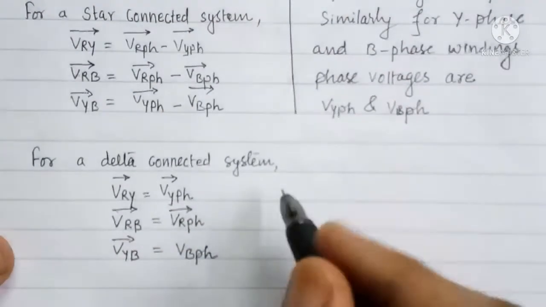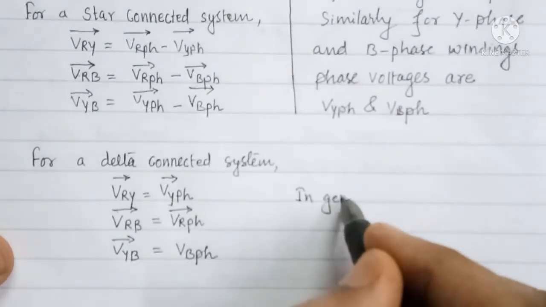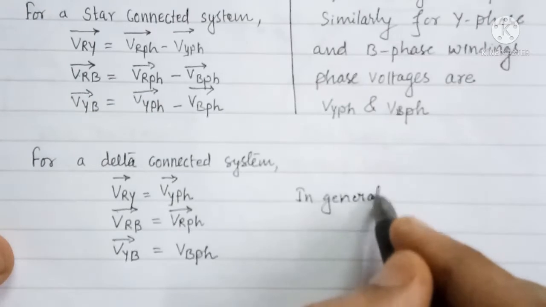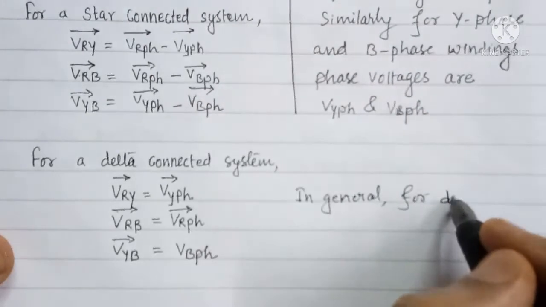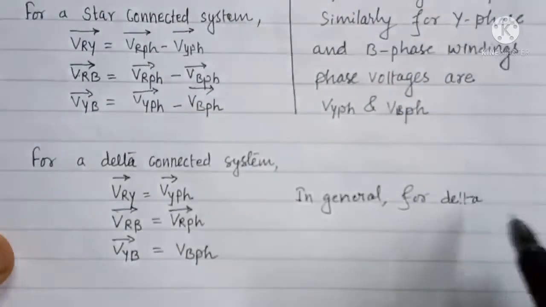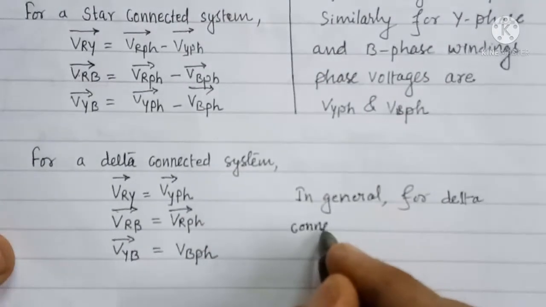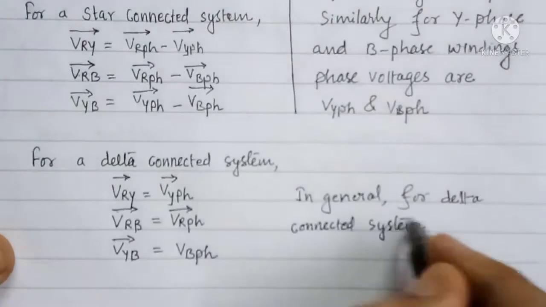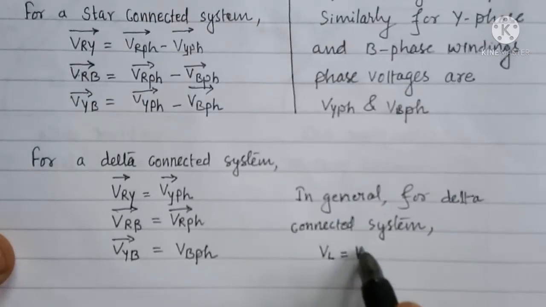So in general, we can write for delta connected system, line voltage is equal to phase voltage.